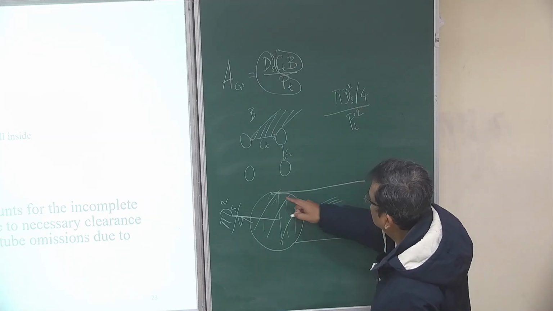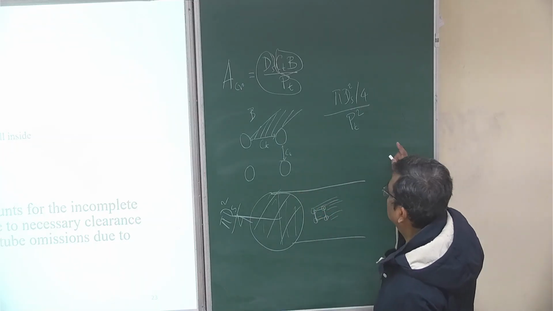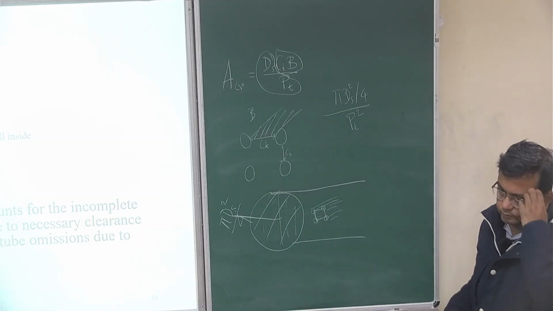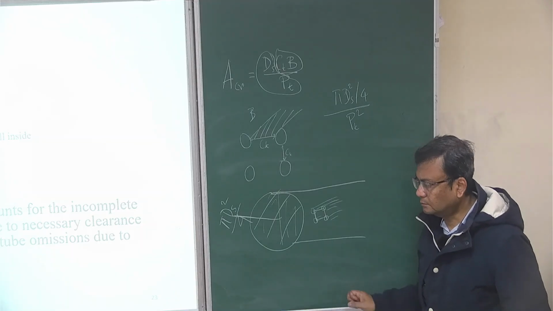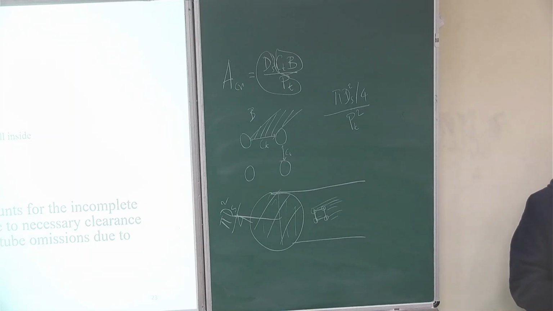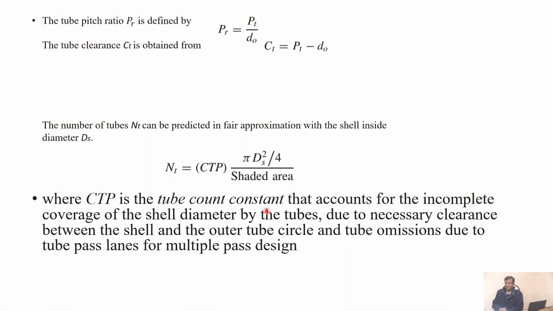So take this area divided by this. Why should this give the number of tubes? Or will it give 1/4 the number of tubes?